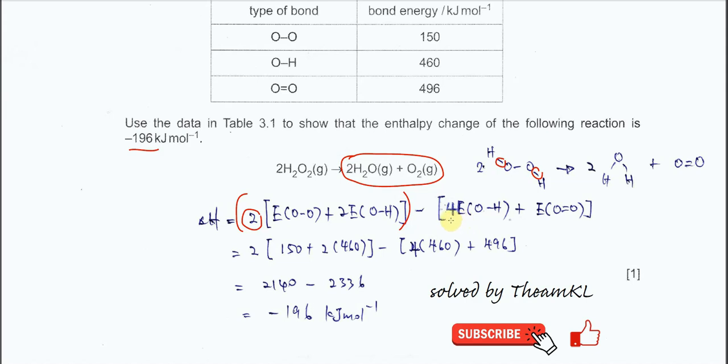Therefore, it's going to be 4 bond energies of O-H in total. So 4 times the bond energy of O-H, plus the bond energy of the O=O double bond because it's the oxygen molecule. Substitute all the values inside this, and you get negative 196 kJ per mole.